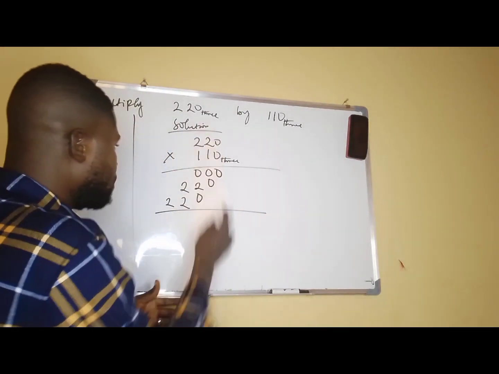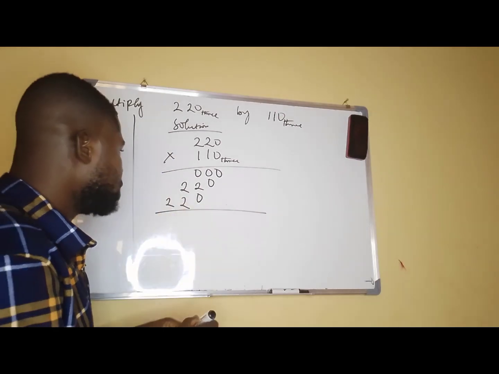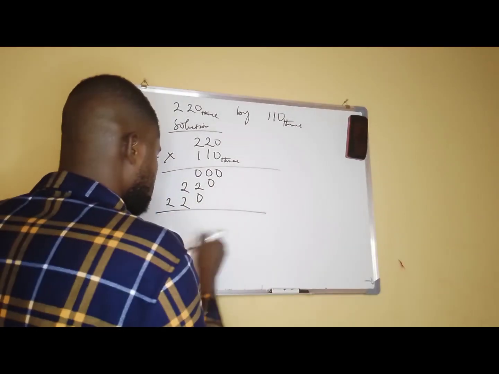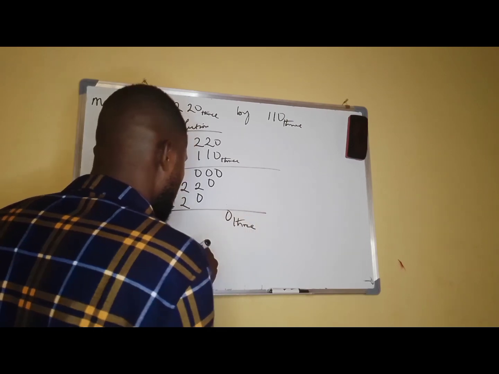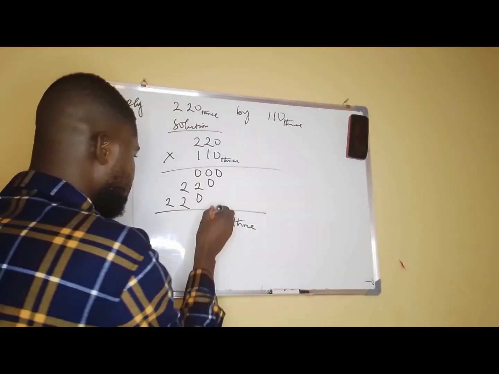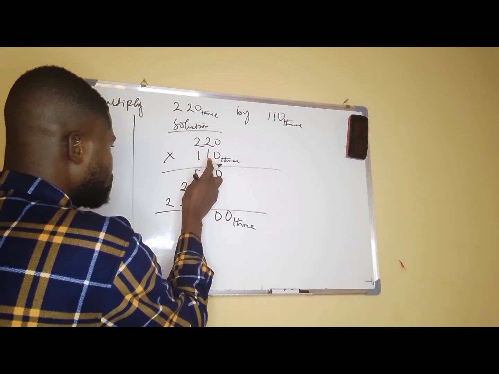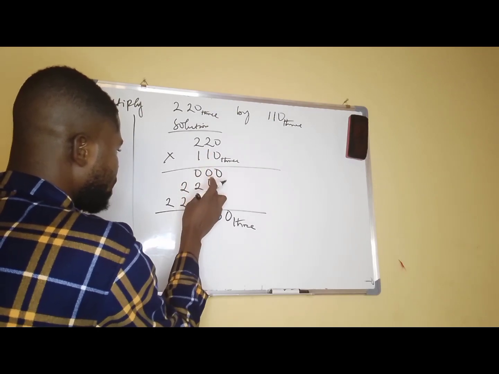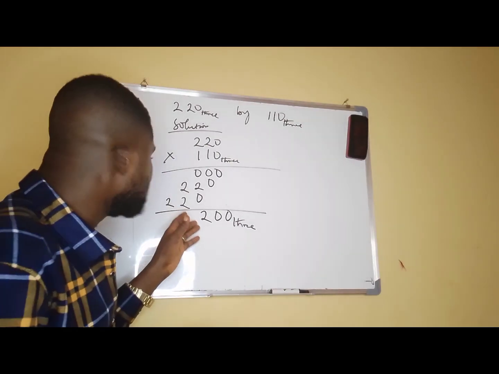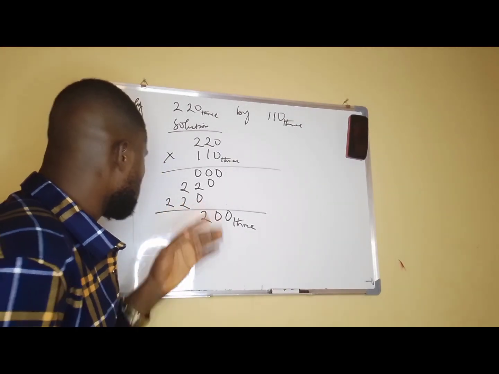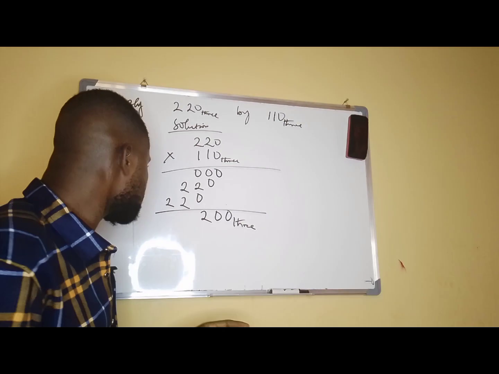You now come down and do the addition. 0 plus 0 is 0. Now 0, you bring a 0 down. 0, 2, 0, 2 and 0 will give us 2. Now you come to this place and say 2 plus 2 is equal to 4.